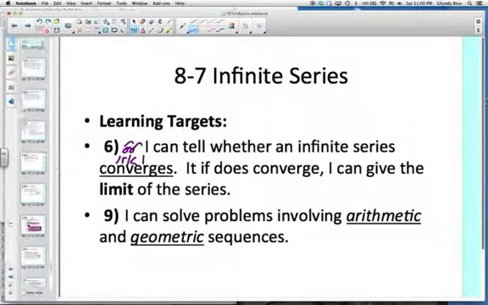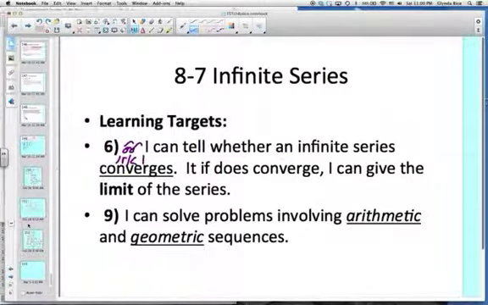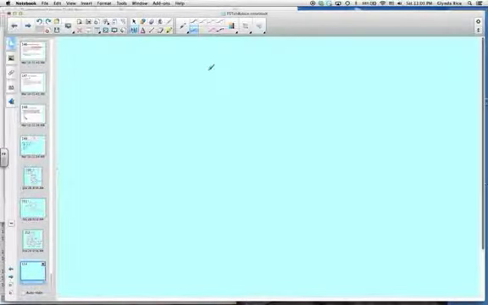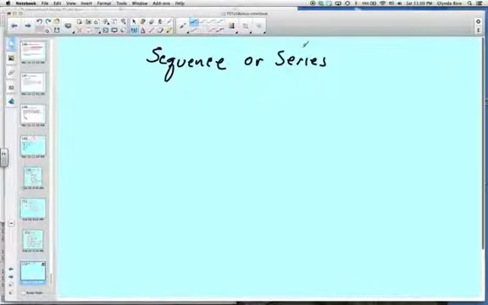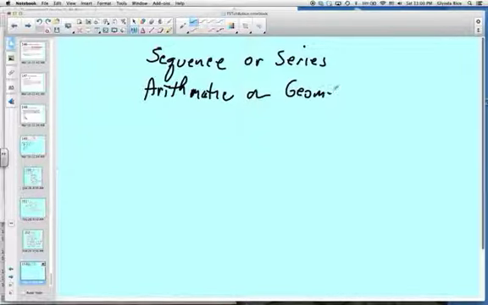So when you're working with these, one of the first things you want to ask is, is it a sequence or a series? Then you want to say, is it arithmetic or geometric? And there are others, but we are only dealing with arithmetic or geometric.